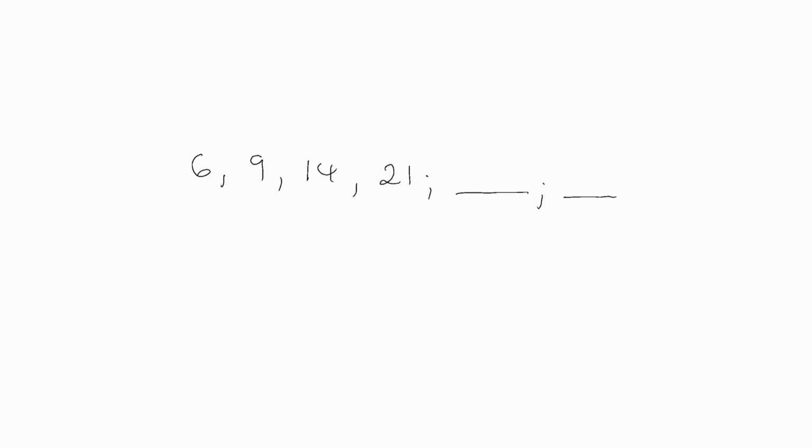Again, in order for us to find the next two terms, we first have to determine what kind of a sequence is sequence T. Is it arithmetic? Is it geometric? Or is it quadratic?